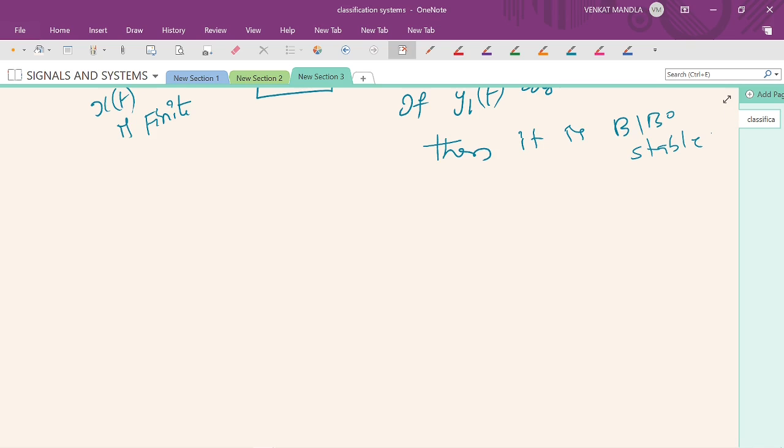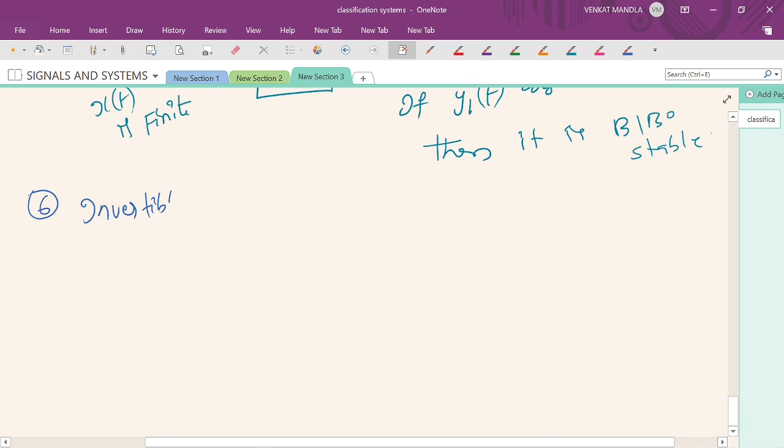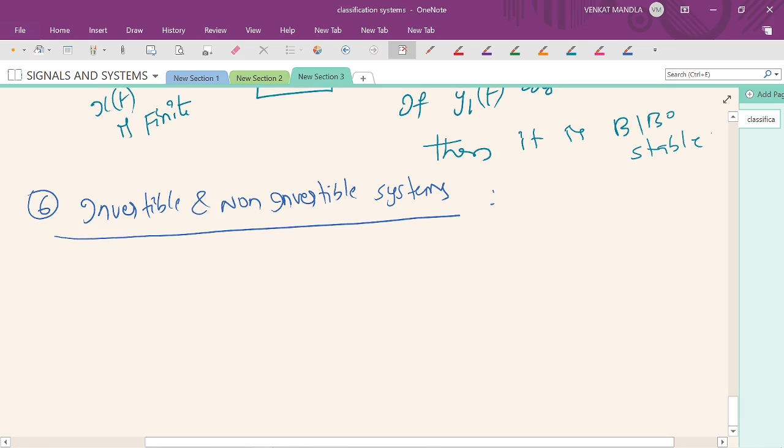Next, sixth one, invertible and non-invertible. Suppose this is the system. If I give x of t as the input, y of t as the output.